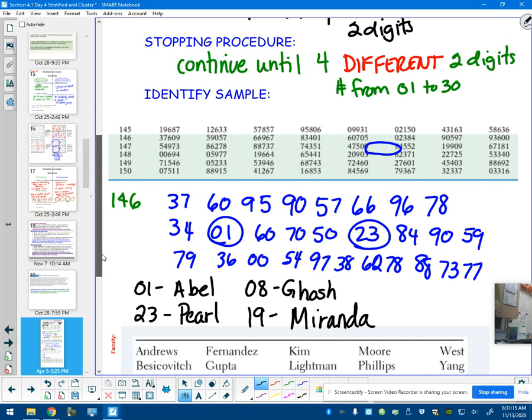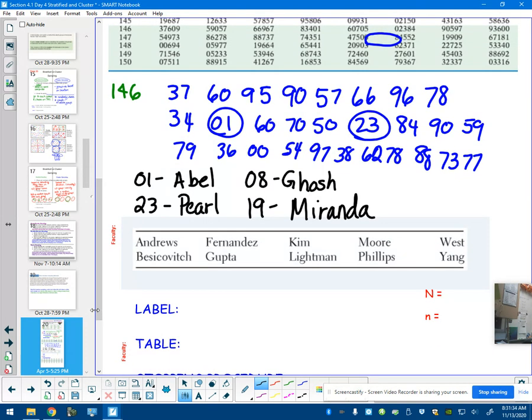All right, now, do you notice what happened? How many digits we had to throw away? Do you notice how inefficient a table is? Okay, so here, the next one, and the reason we're doing this is because we have two choices here for the faculty. We can label them 01, 02, 03, 04, 05, 06, 07, 08, 09, and 10.